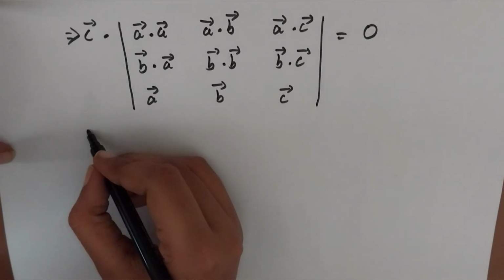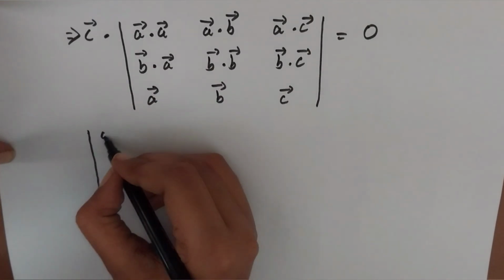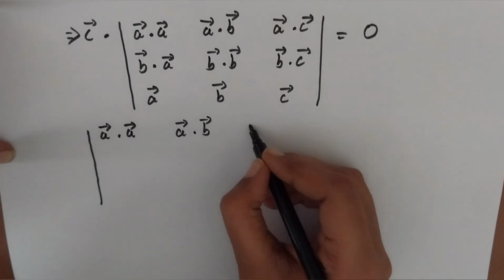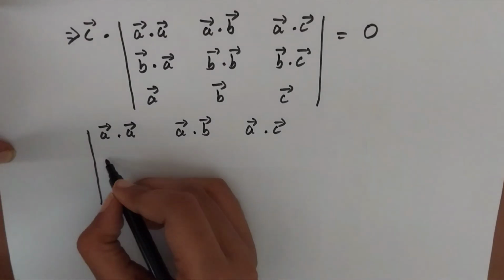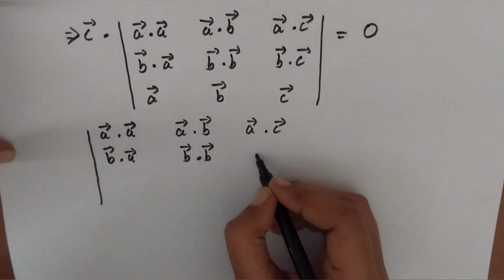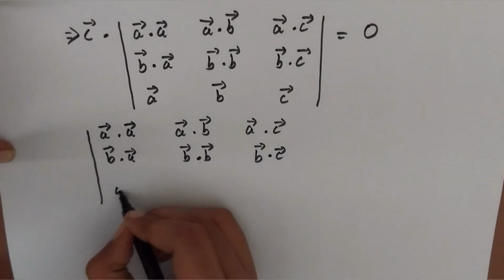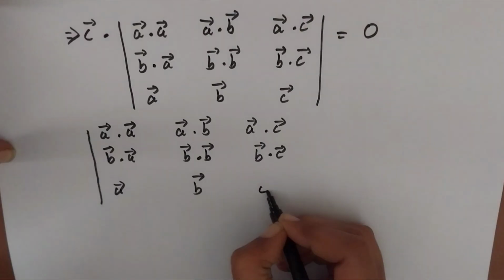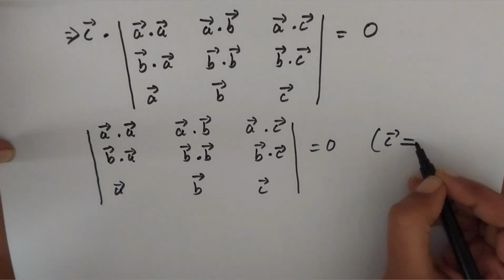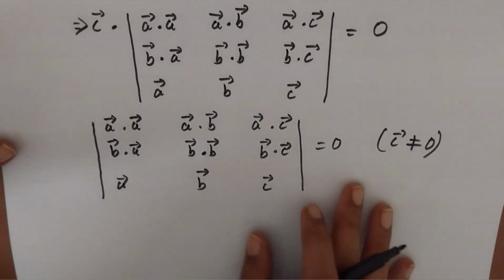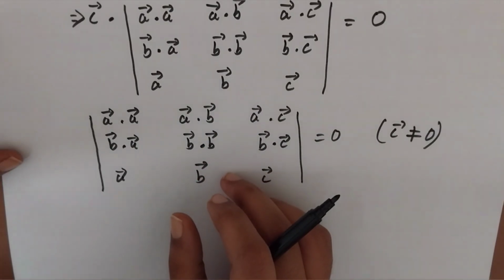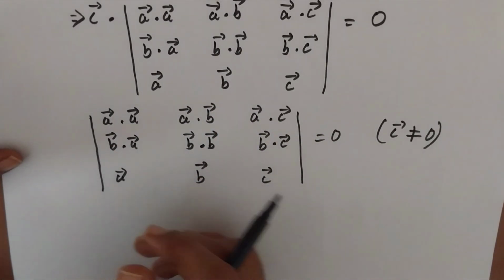So we can write determinant vector A dot vector A, vector A dot vector B, vector A dot vector C, vector B dot vector A, vector B dot vector B, vector B dot vector C, vector A, vector B, vector C is equal to 0. Vector C cannot be equal to 0. Okay. Now if we interchange the rows in this determinant, we will get the determinant given in our question.